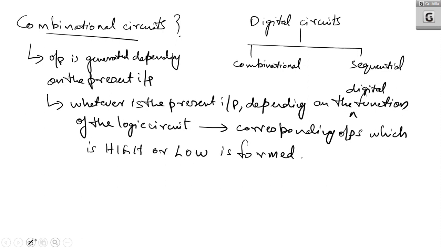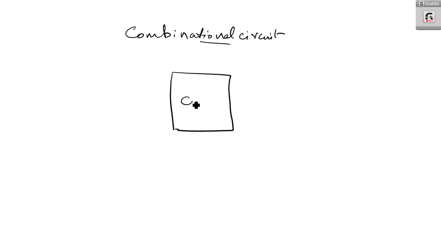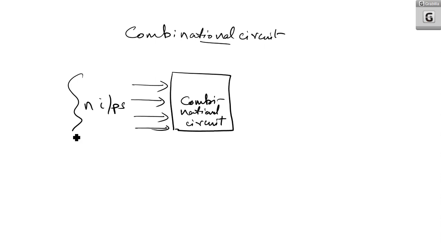Now if you go to the general block diagram of a combinational circuit, it can have n number of inputs. So this is the combinational circuit. N number of inputs means there are 2 raised to n combinations of inputs.